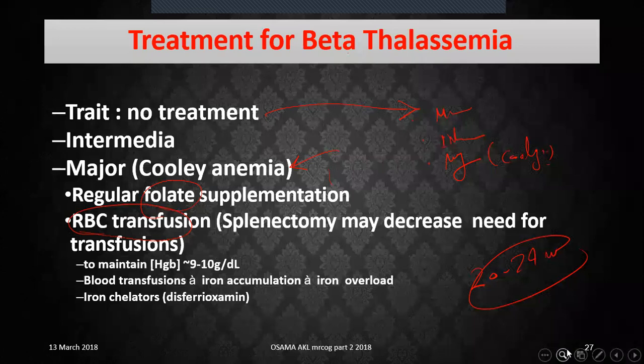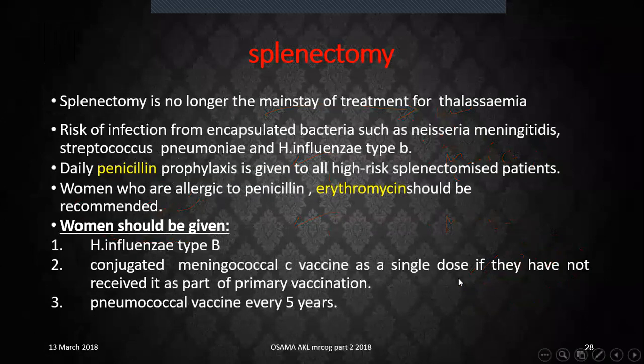We give this iron chelator, ferrioxamine, as the recommended one to be used during pregnancy, not deferiprone, which we don't use during pregnancy. Ferrioxamine is expressed in the breast milk but not absorbed by the fetal GIT, so no problems at all. If the woman is practicing breastfeeding while she is receiving ferrioxamine, there is no problem at all.